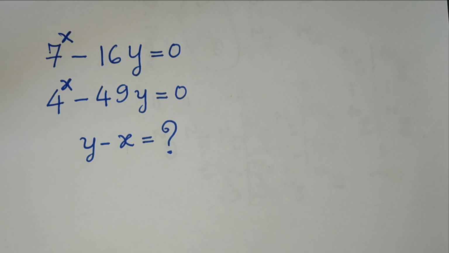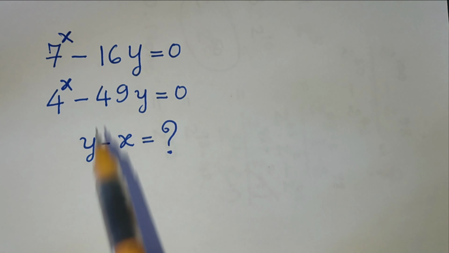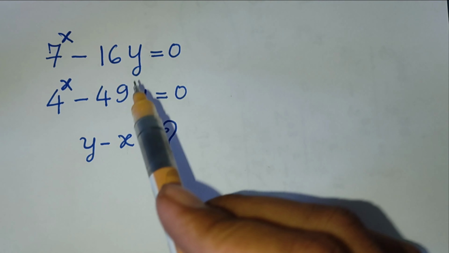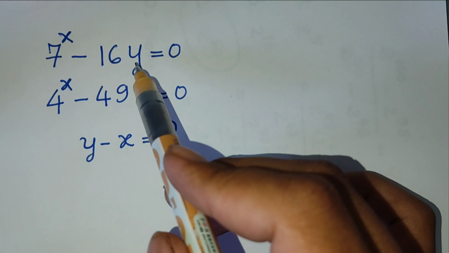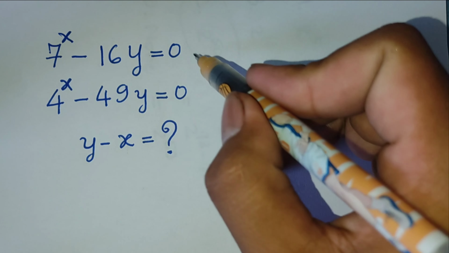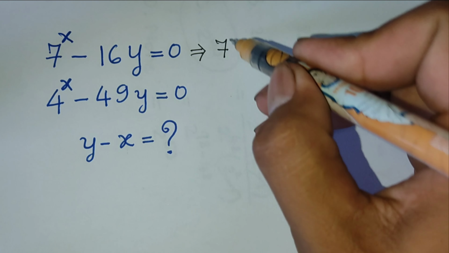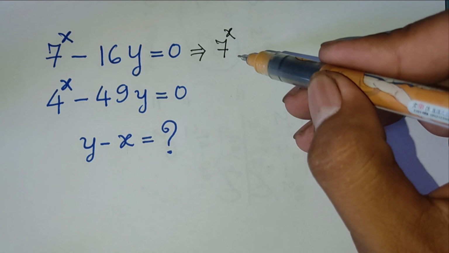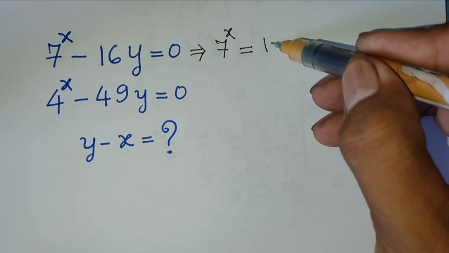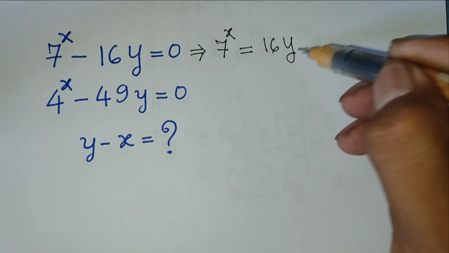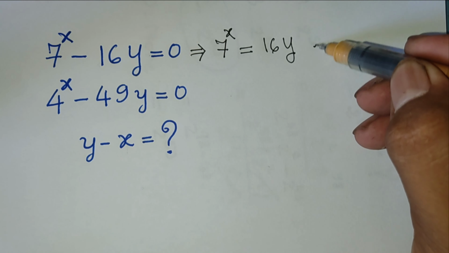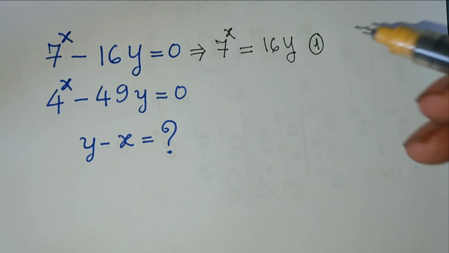Now we go to the solution together. The first step, I use the first equation and I take 16y to the right hand side. So now we get 7^x equals 16y, and I call it the first equation.